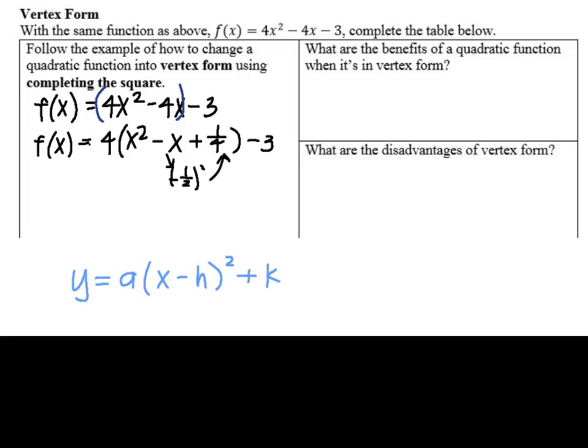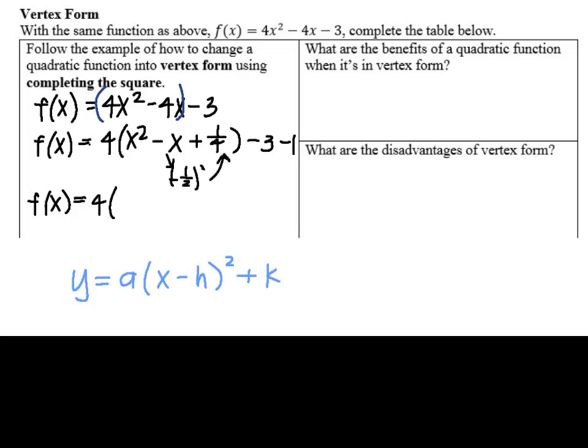Again, I can't just add 1/4, or in this case technically 4 times 1/4 to this equation, so I have to go ahead and balance the equation by subtracting 4 times 1/4. 4 times 1/4 is equal to positive 1, so since I added 1 to the equation, I also want to subtract 1 from the equation. Then from here, I end up getting f of x is equal to 4 times x squared minus x plus 1/4.